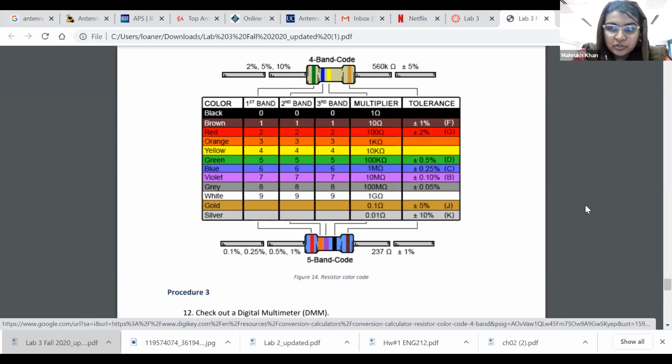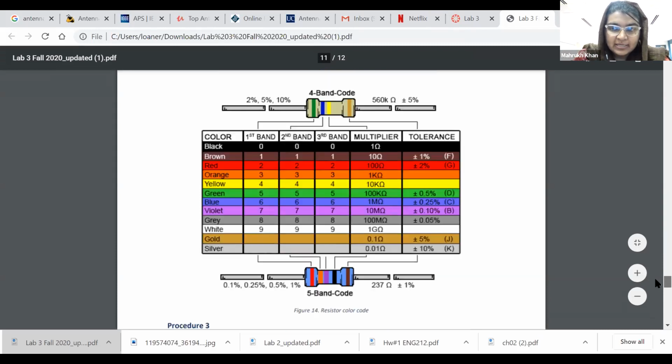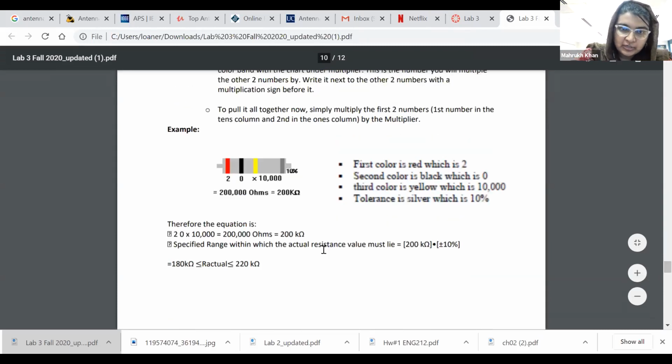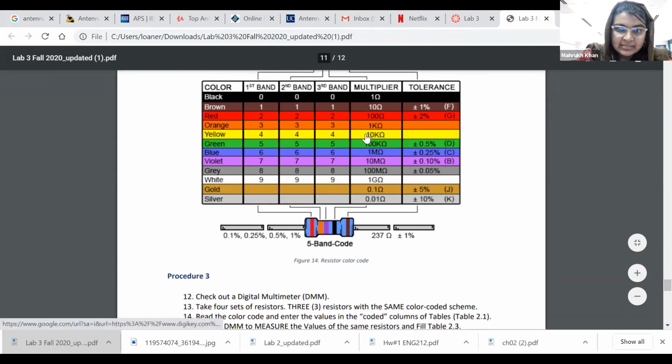That's why you are seeing the difference in your currents and voltages. If I check another resistor like this one, you can see red is 2 in the table, black is 0, and yellow is what? Yellow is 4, which means 4 zeros you will have.